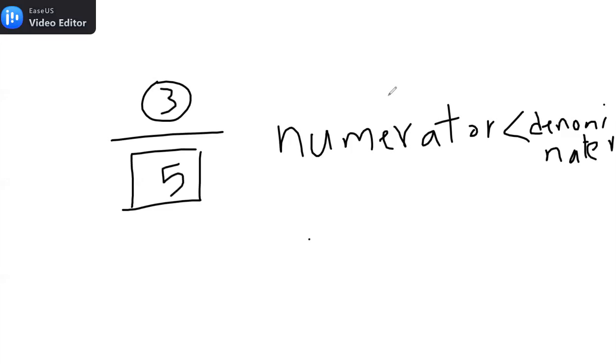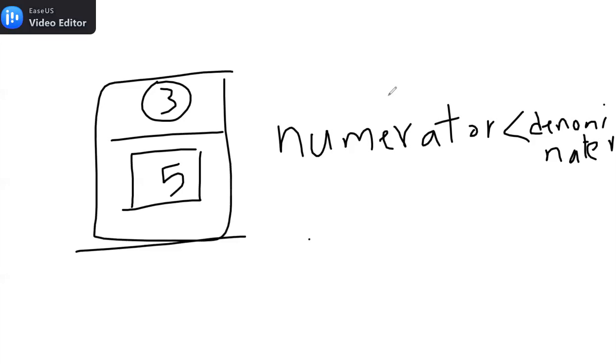Okay, Yusuf? For example, 3/5 is a proper fraction. Why do we call it a proper fraction? Yes, the numerator 3 is less than the denominator 5, because 3 is less than 5.